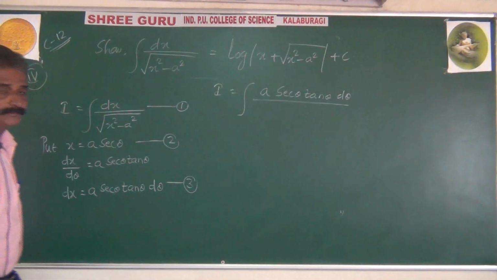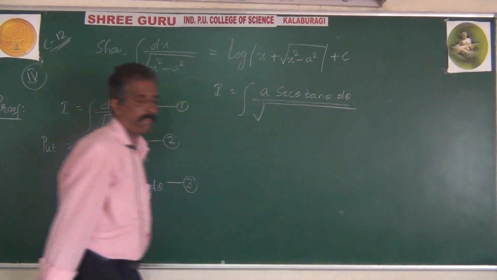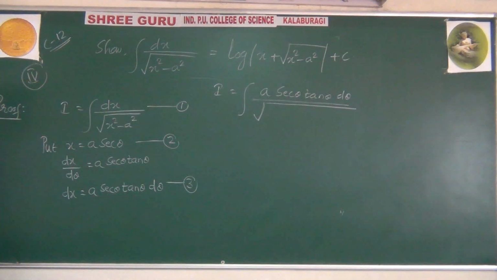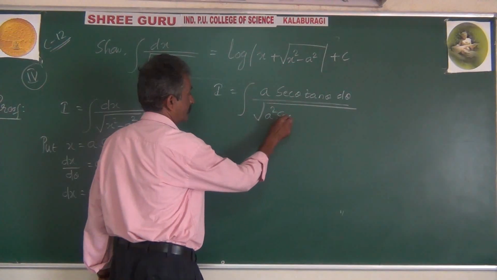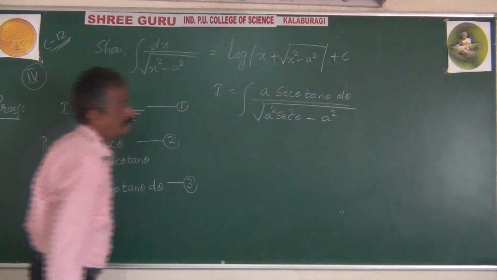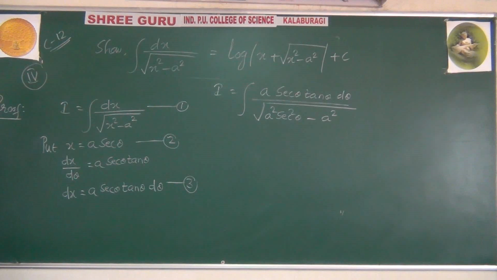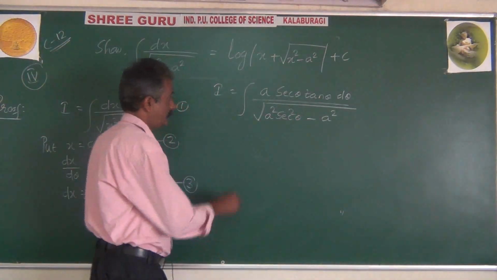Divided by square root of x square. What is x? A sec theta. Whole square becomes a secant square theta, minus a square remains same. Now inside square root, a square is common.